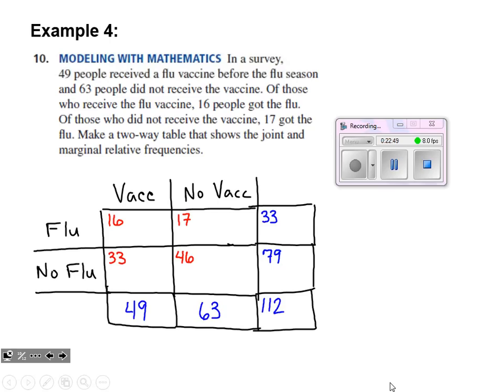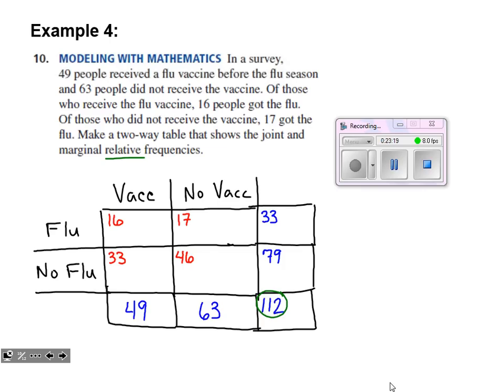All right, so there's our two-way table filled in with just the joint and marginal frequencies, but we want joint and marginal relative frequencies. So we had to calculate this number right here, 112, to find out the total number of people that were involved in this survey. And now it's just a matter of going through and dividing all of our other entries, both joint and marginal, by that 112 to find their relative frequencies.